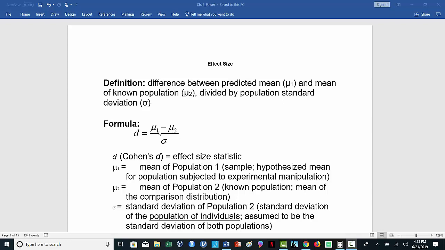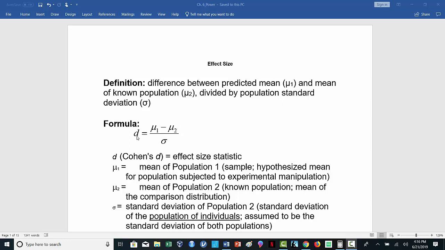With a little bit of algebra, you could solve for x, the predicted mean for population 1, and you could find out what the predicted mean is going to be if we think there's going to be a medium size effect. So you could multiply the Cohen's d of 0.5, if that's what you're expecting, by the known population standard deviation, and then rearrange to solve for x, and you get an estimate of what the predicted mean for your research question is going to be.